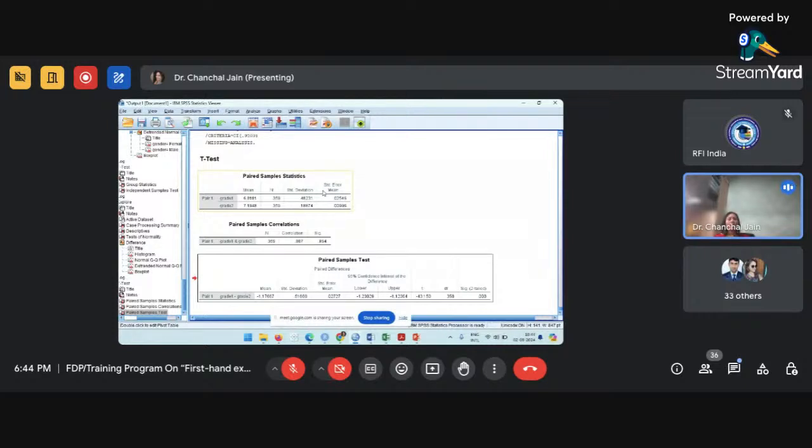Lastly, talking about the paired sample t-test, there I told you the concept. In the paired sample t-test, we need to have the same number of people in both conducts of any particular thing. Generally, for experimental types of studies, we use the paired sample t-test. Then we saw the assumptions, and today we also saw one more thing: how to use the compute option, which is available under Transform.